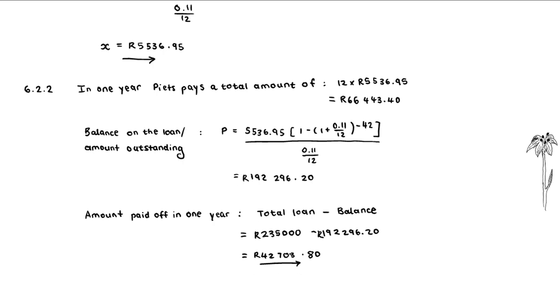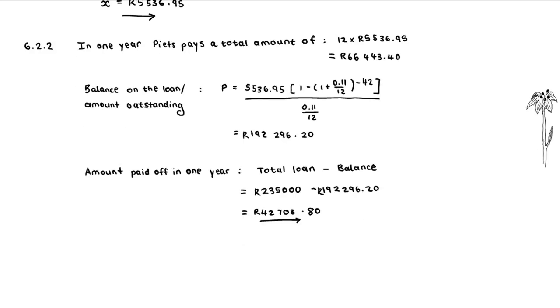This is obviously less than the amount that he's physically paid in 1 year. So obviously there's some interest that's been charged. So the extra amount is the interest. So the interest charged is 66,443.40 minus the amount that he paid off, 42,703.80.